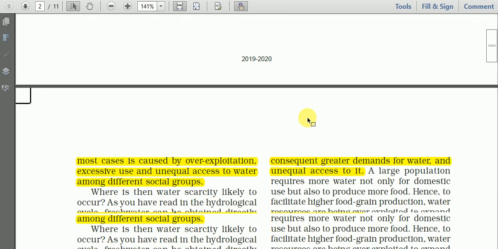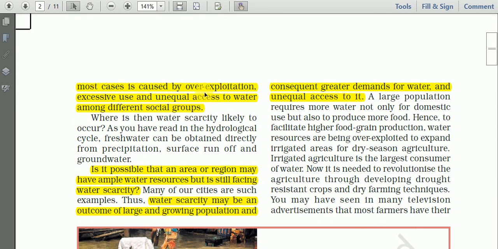Another point is that you have told me earlier, overexploitation or excessive use due to increase in the number of population. Then the third point is this unequal access to water.